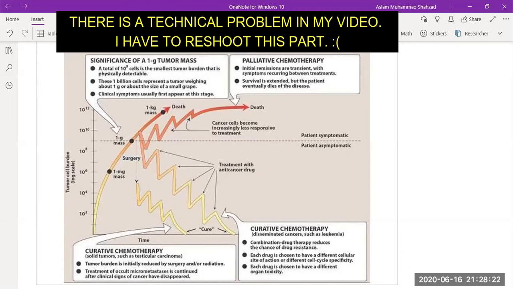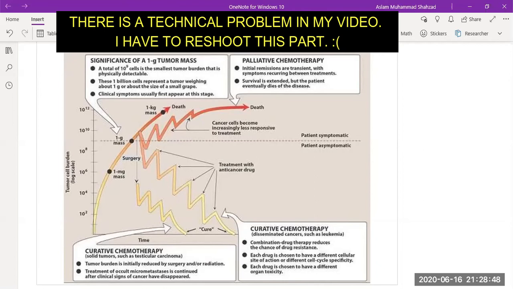Whereas when we talk about curative chemotherapy, we are trying to cure the disease. As the name indicates, curative comes from the word cure. So in this case, the 1 gram of mass, at which level the patient has symptoms, we give multiple drug therapy and try to reduce the symptoms, eliminating the symptoms or reducing the tumor.